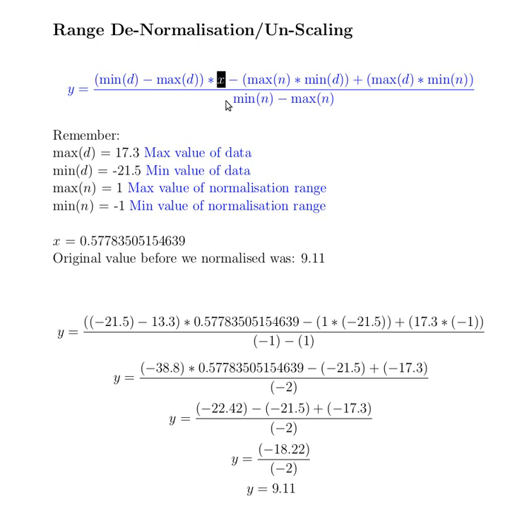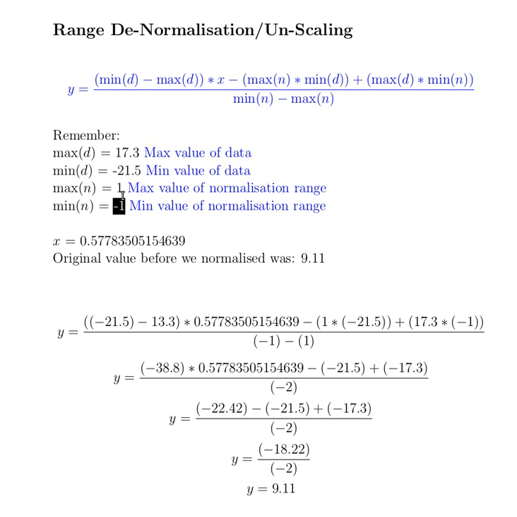So from the previous two videos, we had these values: the maximum value in our data was 17.3, the minimum value of our data was -21.5, I'm sorry, and the maximum value of our normalization range was 1, because we were transforming to a range between -1 and 1. So the minimum value of my normalization range is -1.